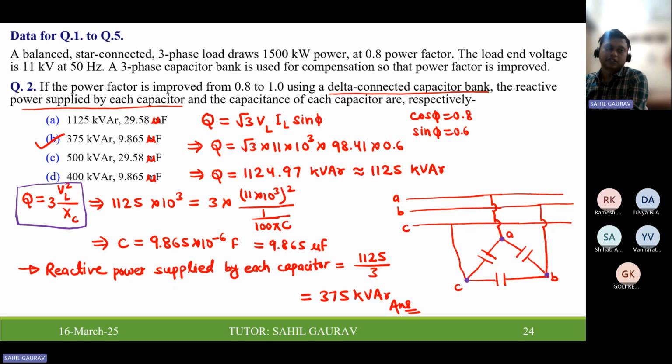Here it is 3 into V phase square upon XC. So it gets changed. So reactive power being supplied by the capacitor bank in delta and in star will be different. The total will be the same, but each phase supply will be different. Yeah, means compensation amount is given, so in that way the total will be the same, but each phase will be different.